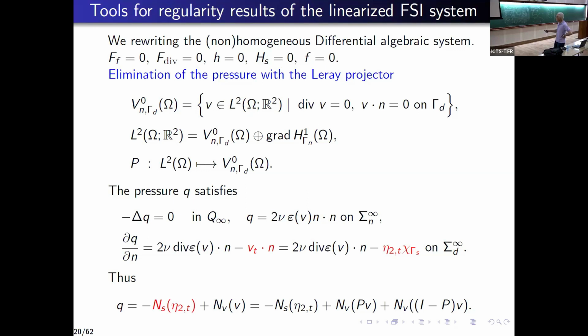So on the Neumann part, because of this Neumann condition, the pressure will be 0 here. But the difficulty is to say what is the pressure.